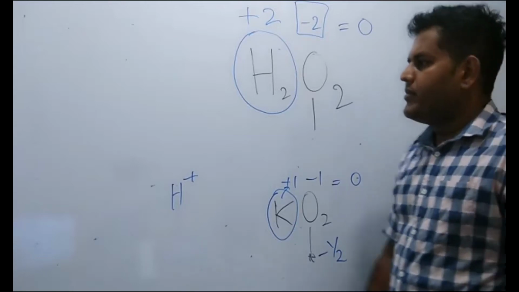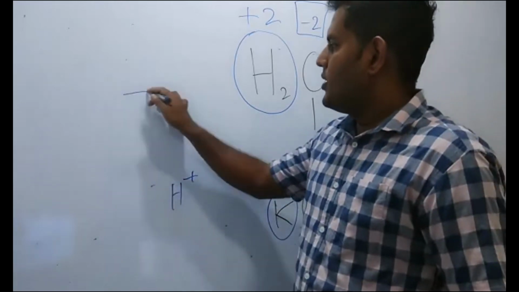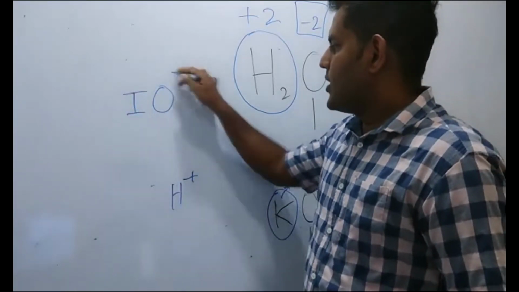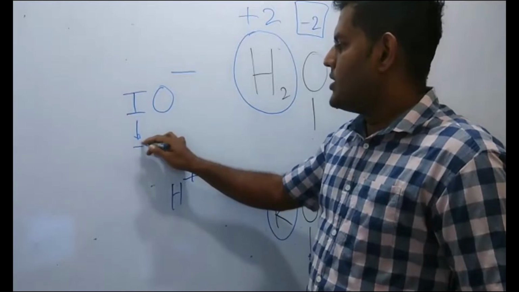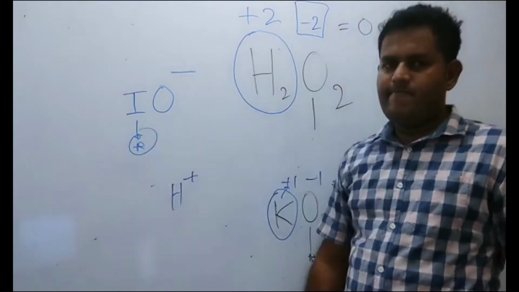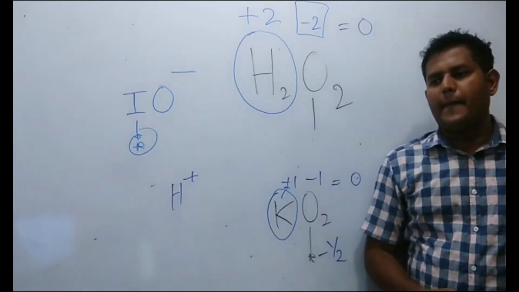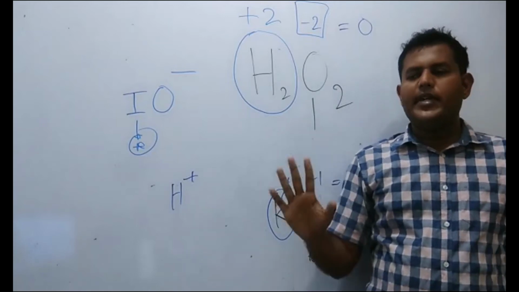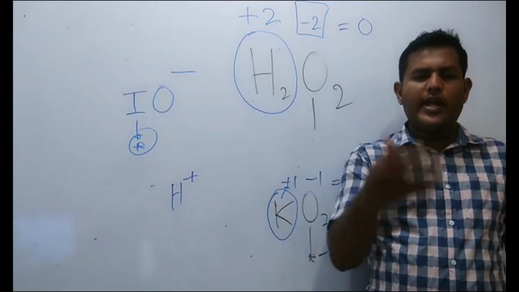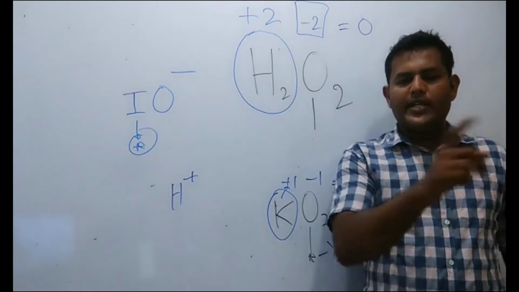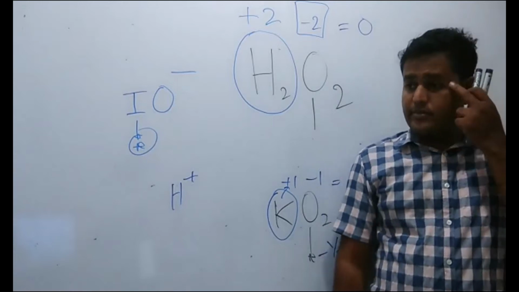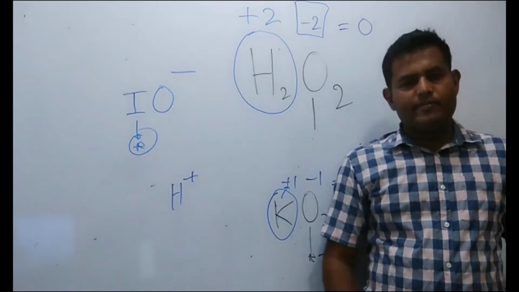Okay. Next one. In IO minus, what is the oxidation number of iodine? Start with the neighboring atom. If you want, you can write the equation.